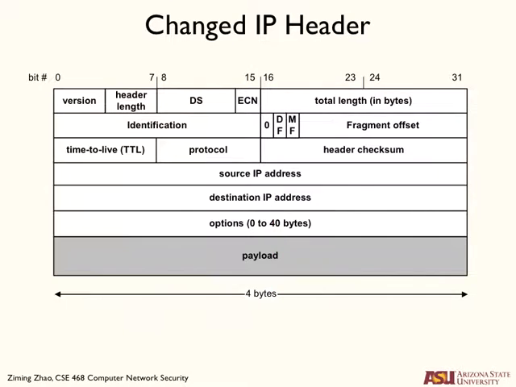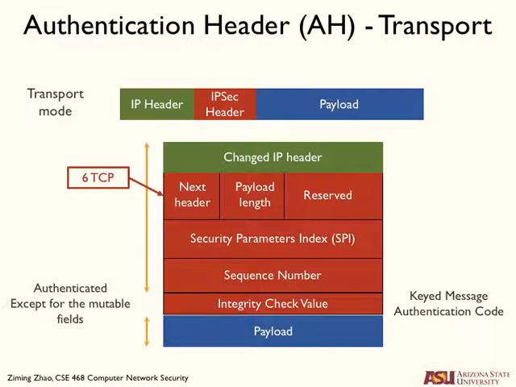Which fields? So do you include the payload? Yes, this is a payload. So the payload is included in the message? Yes. Is the integrity check value not included? No, this value was calculated from here, concatenating this part with this part, and then the integrity check value is put here.